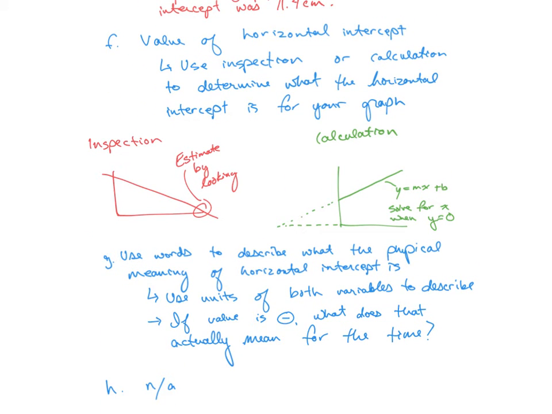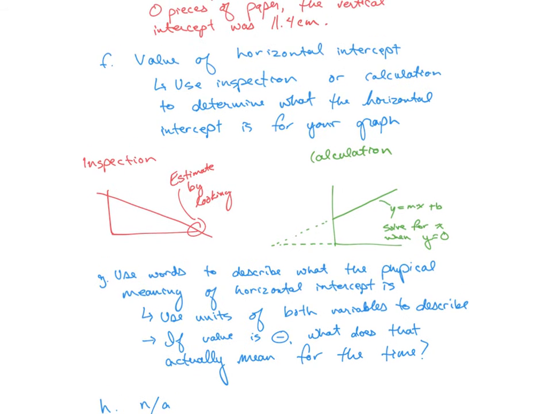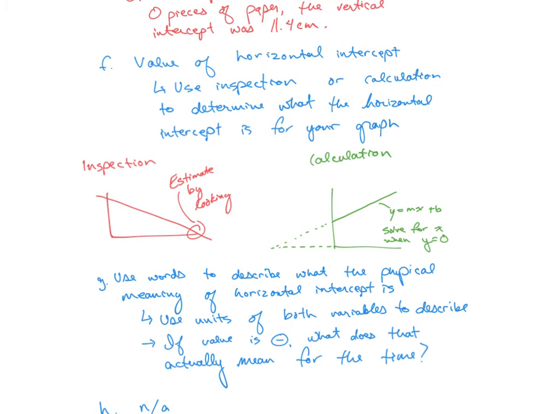You don't have to determine the value of the y-intercept because it's already given in the equation. The next two questions relate to the horizontal intercept. It says, determine the value of the horizontal intercept by either inspection or calculation. Inspection just means look at the graph and estimate where the line crosses the axis. You might be able to see it on your graph.